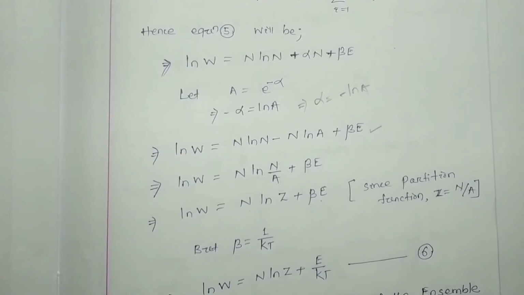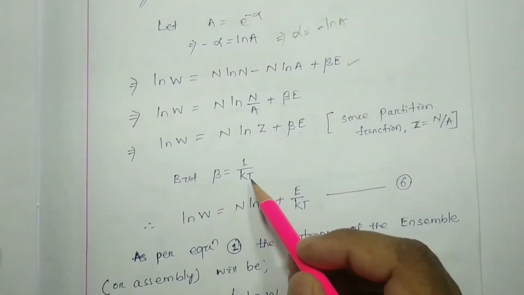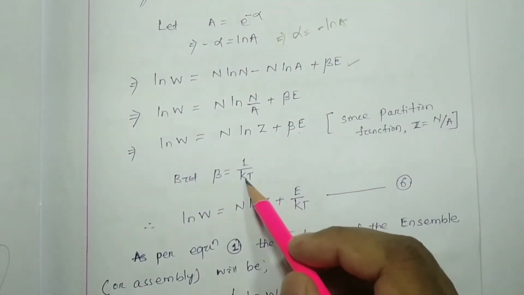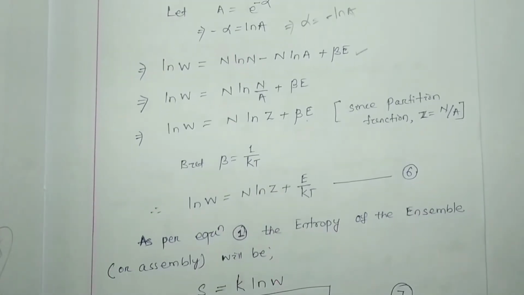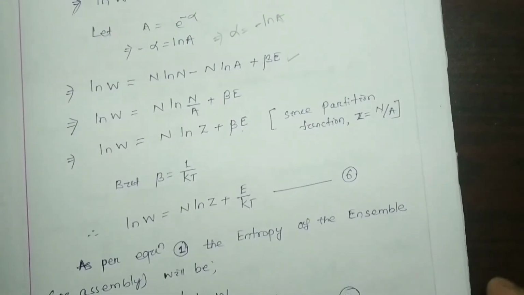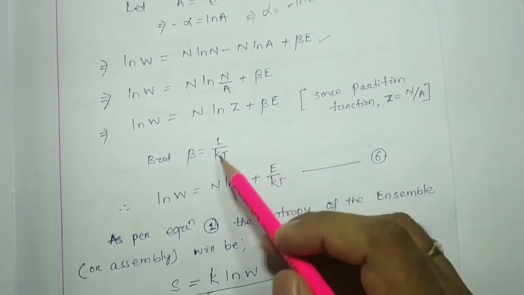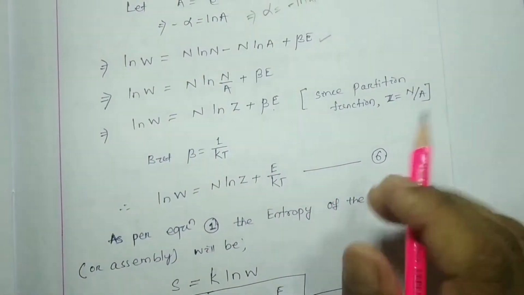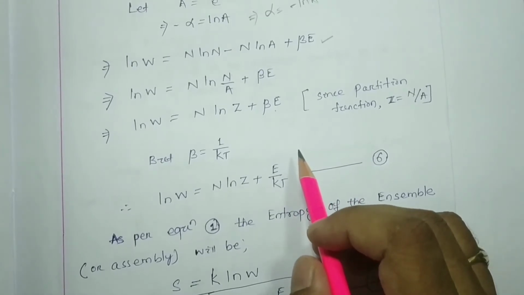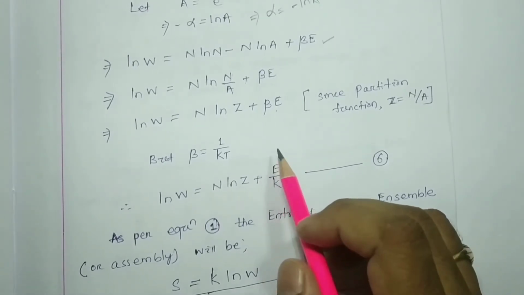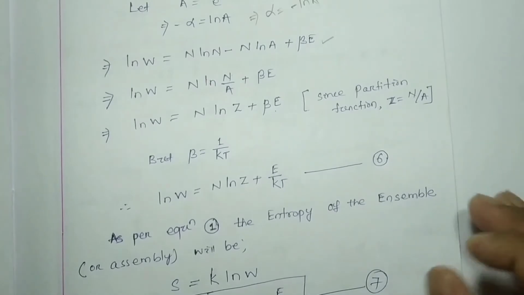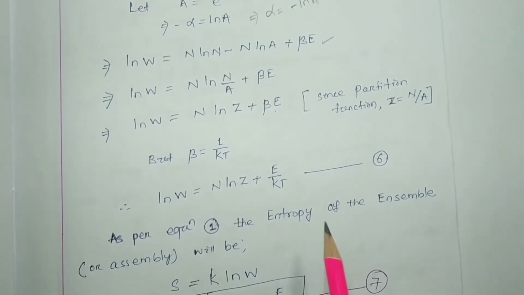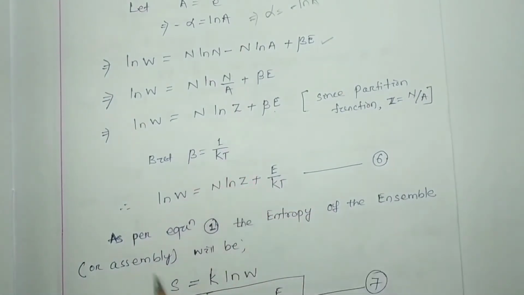Now, beta is nothing but 1 by kT. See how beta will be 1 by kT: there is a derivation that we studied in our third semester thermodynamics. Here in your sixth semester course, we just have to use it.